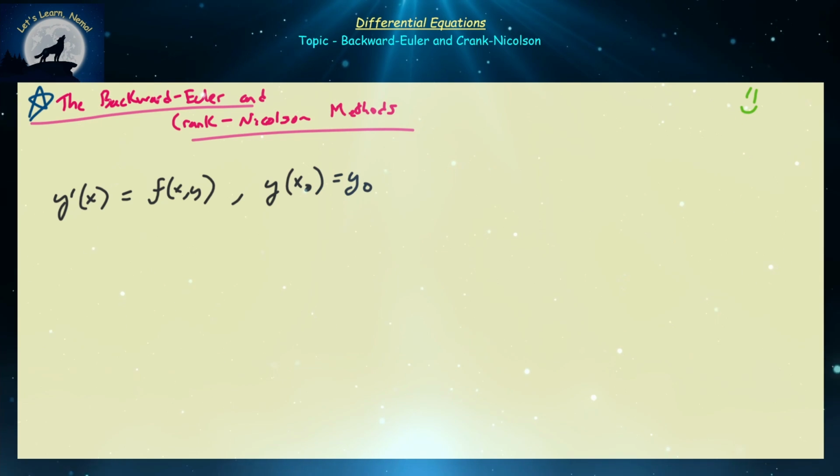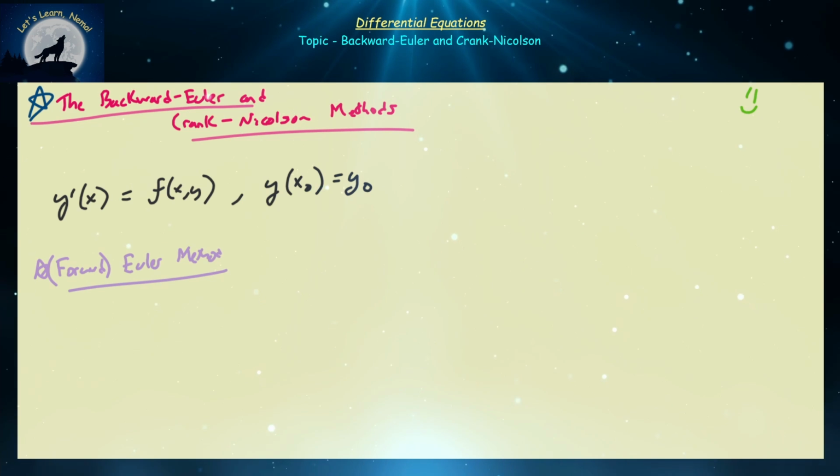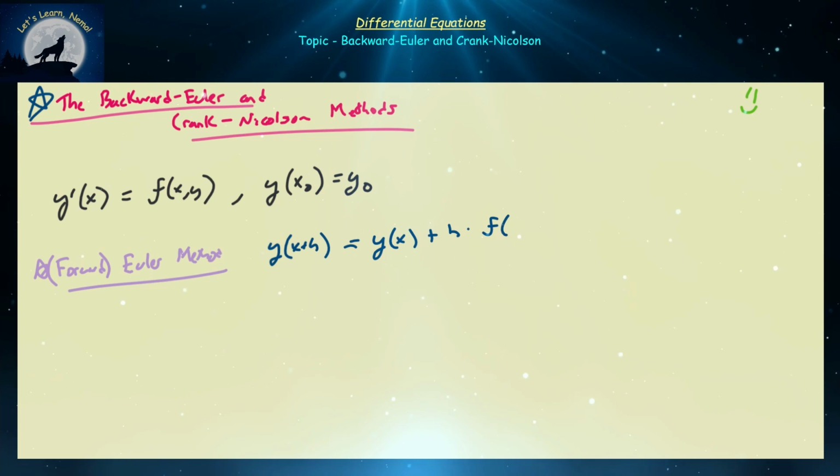And for the sake of simplicity, let's assume that this solution does exist and is unique. So the Forward Euler method, or just the Euler method, for solving this differential equation, you probably already know. It comes in the form y of x plus h is approximately equal to y of x plus h times f(x, y).